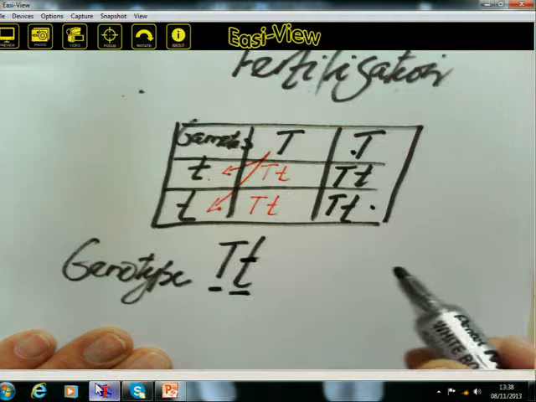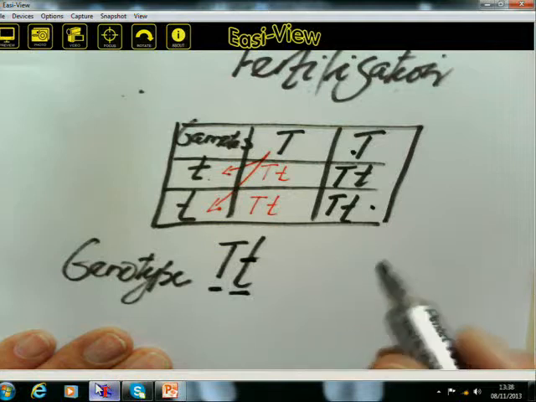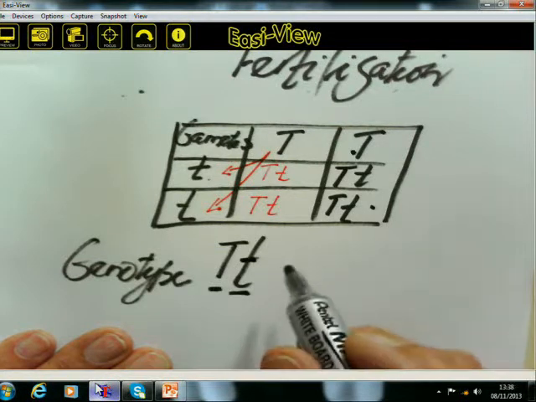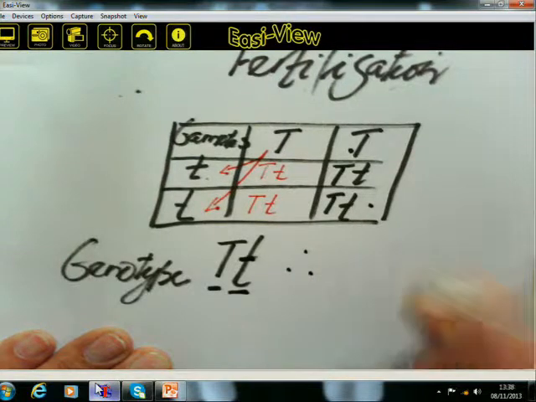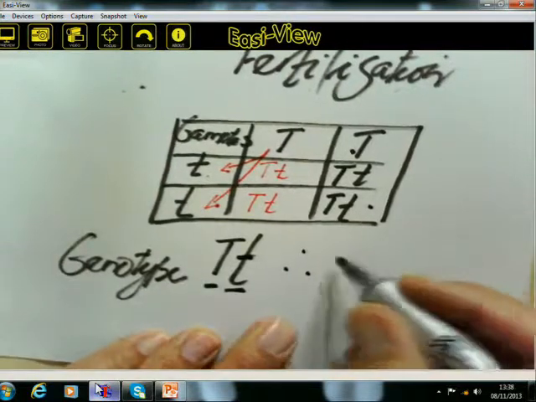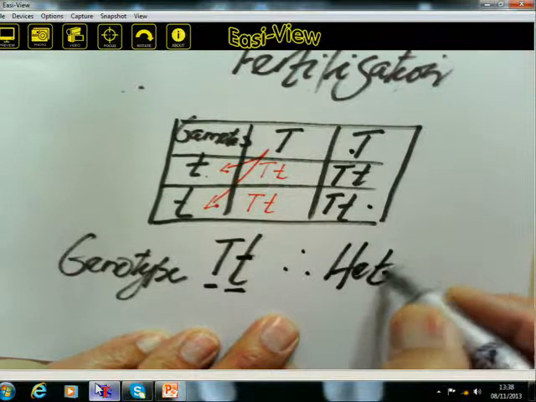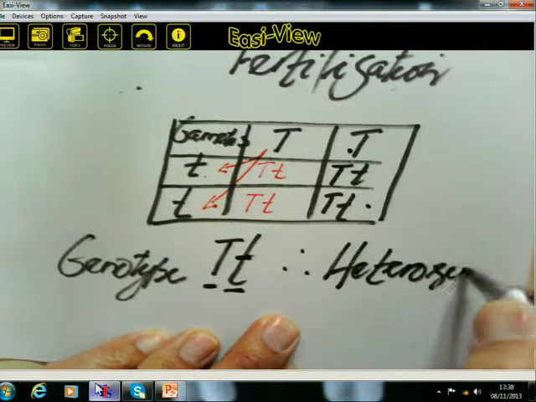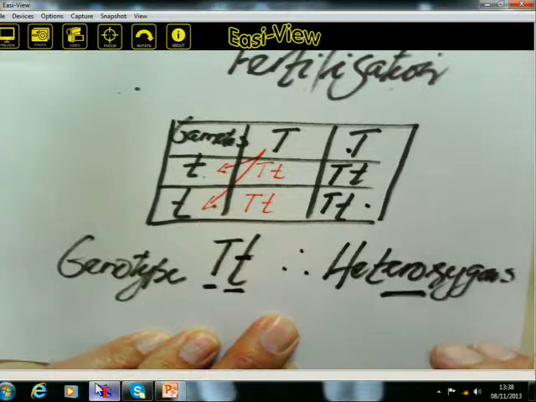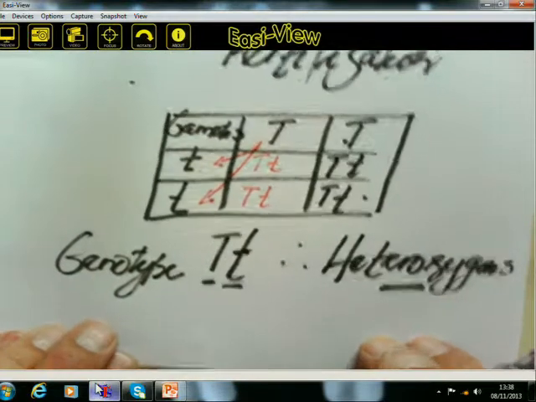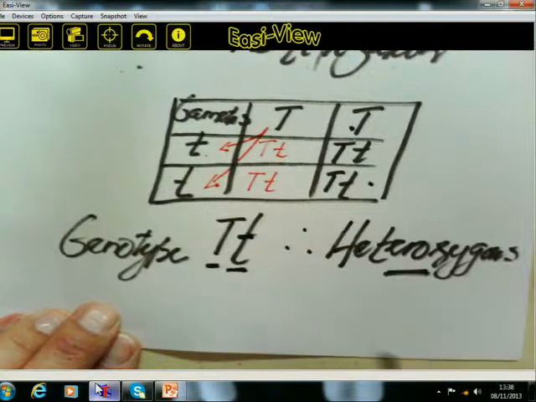But I repeat, take note of the fact that the genotype is a combination. That's why, therefore, we can say that all these individuals are heterozygous. Because now you can see that they determine the same characteristic, namely the height of the plant, but in different ways.